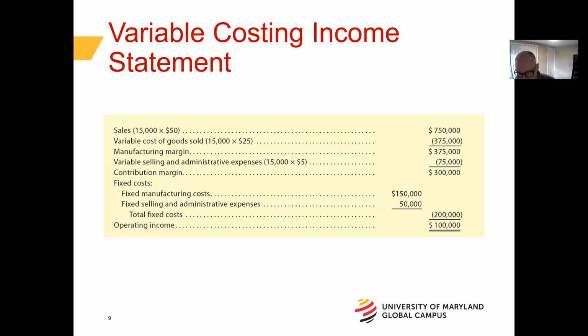Variable cost of goods sold, that's the key term. We sold 15,000 units at $25 per unit of variable cost. 15,000 times 25 is 375,000. Sales minus variable cost of goods sold equals manufacturing margin.